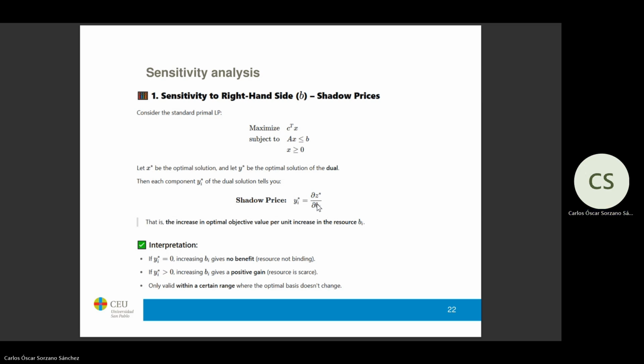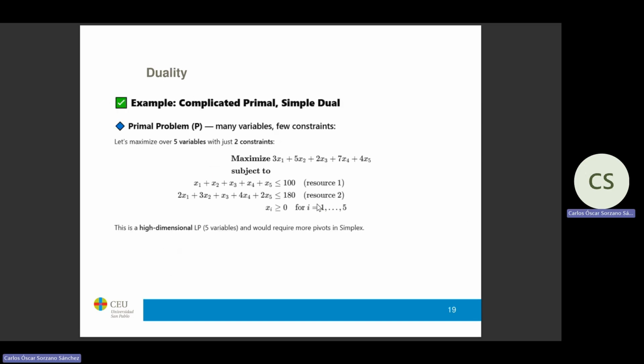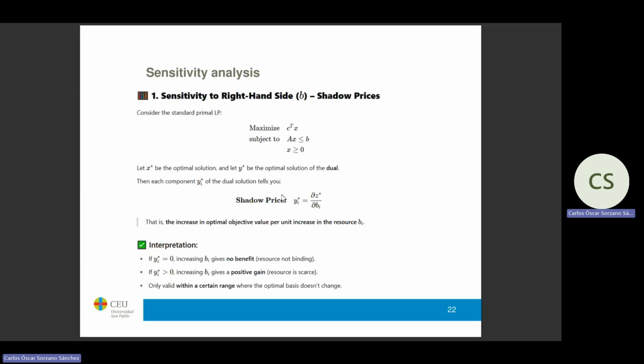The shadow price is how much this function changes as a function of these b's, which are defined in the primal. So it tells how much the goal function depends on every single constraint. The components of Y star are called the shadow prices, not only in economic setups but in general.